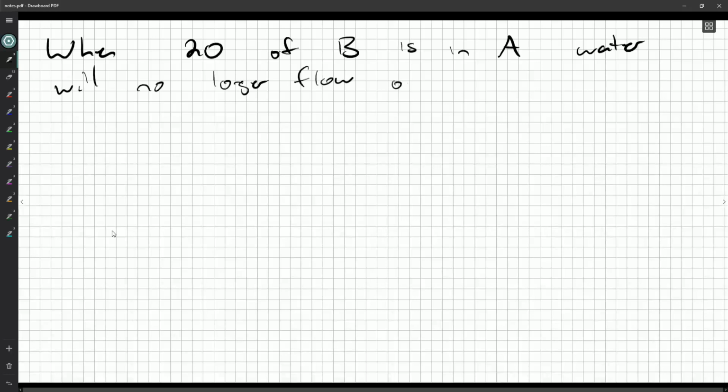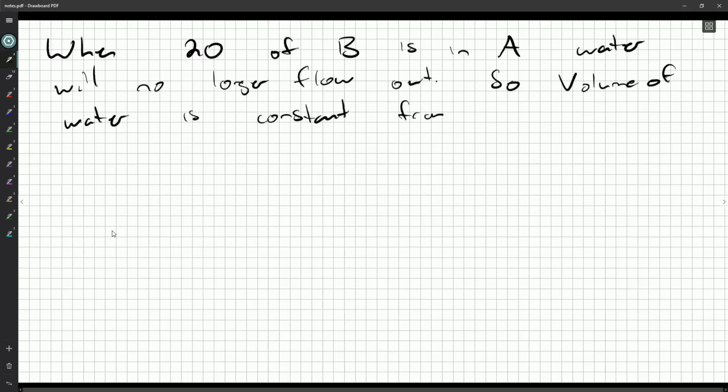So, when 20 centimeters or units of B is inside A, water begins to flow in. So we'll say water will no longer flow out. So the volume of water is conserved from then on.